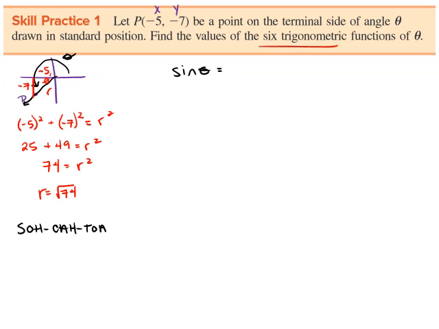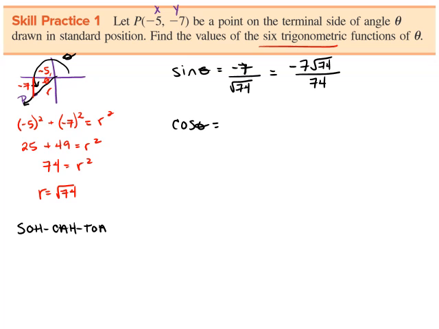Sine of theta, and again we're going to use this reference angle here. So sine of theta is the opposite over the hypotenuse, which we just found to be the square root of 74. When I rationalize this, I get negative 7 times the square root of 74 over 74.